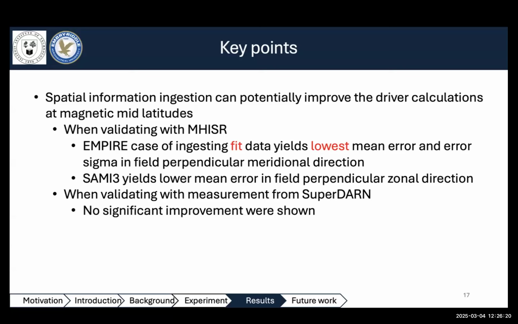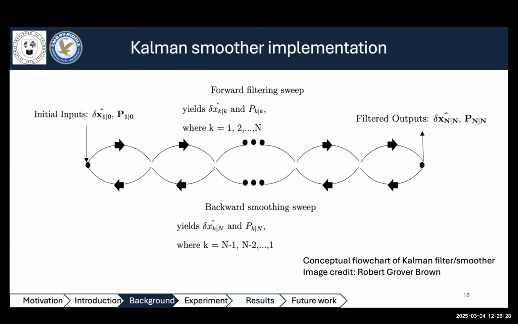Another thing that we tried is that we implemented the Kalman smoother, which refines the state calculations after the first round of optimal state estimation. At the initial step, we obtain a guess of the state, represented by delta x10 and P10.